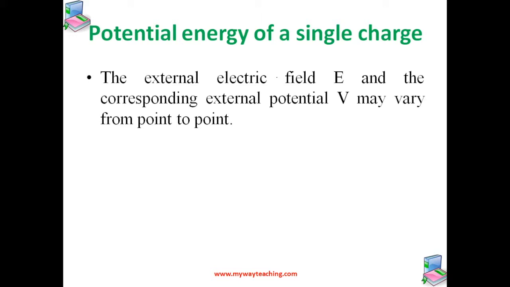What is specified is the electric field E or the electrostatic potential V due to external sources. So we assume that the charge Q does not significantly affect the sources producing the external field. This is possible only if Q is small or the external sources are held fixed by other unspecified forces.